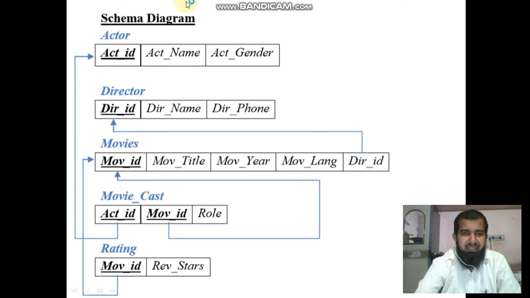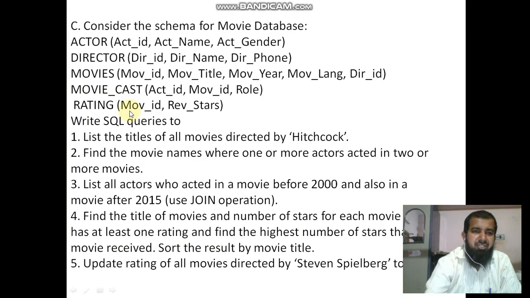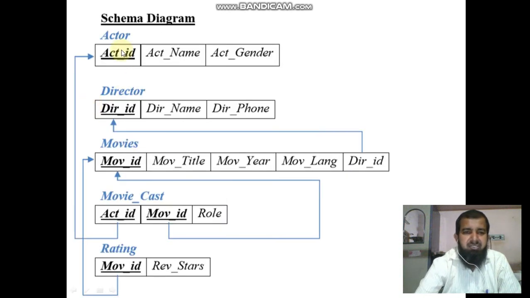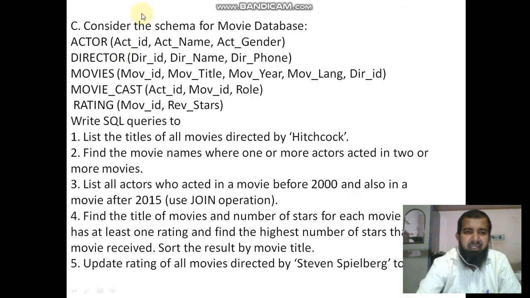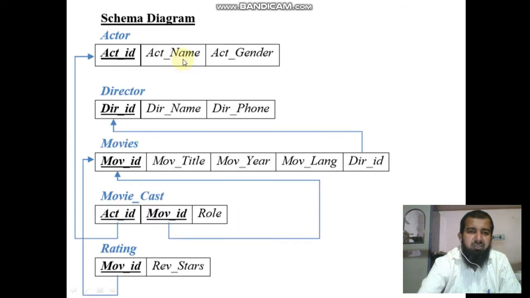Next, the schema diagram. The schema diagram contains the 5 tables given in the question: actor, director, movies, movie cast and rating. Write all the table names, then all the attributes, as given in the question: actor ID, actor name, actor gender. Actor ID is a primary key, actor name, actor gender.